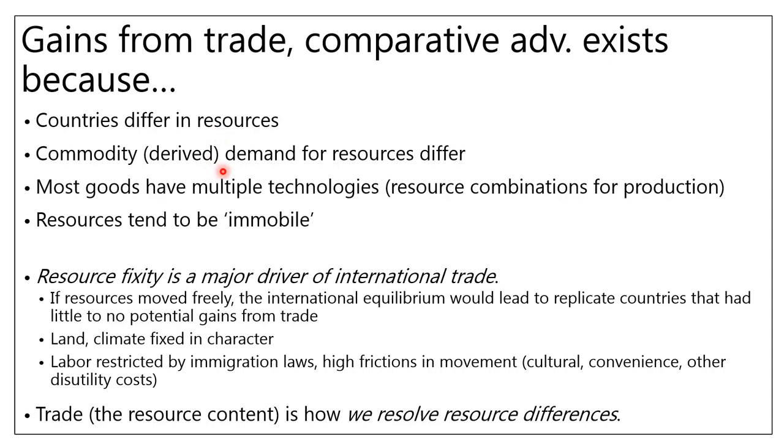Countries have different demands, maybe derived demands for production, but also just final demands, cultures, other institutions, religions that may be good at production of something, but not have a lot of internal demand, and so it could be very valuable as an export. Goods have multiple technologies, and so choosing among those may be limiting in some places and not in others. And then, of course, the key thing is the resources tend to be immobile.